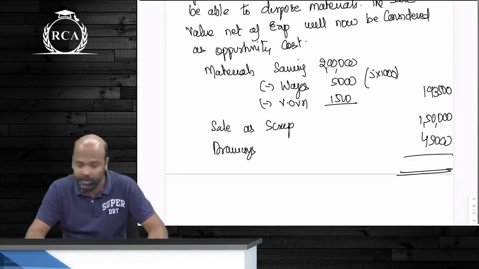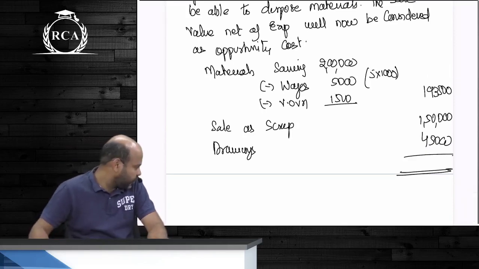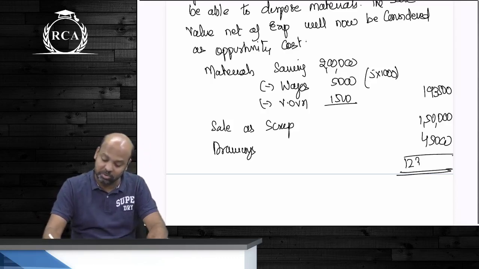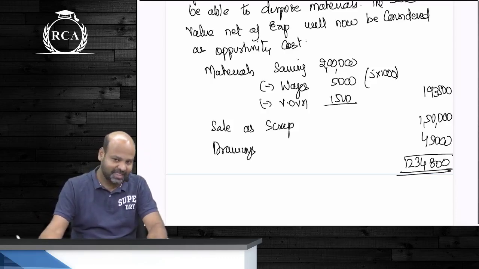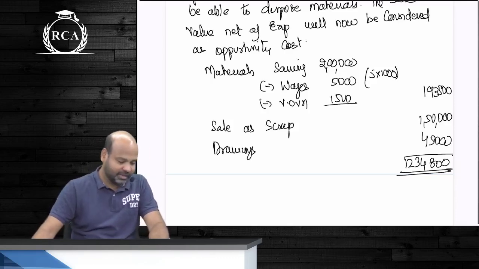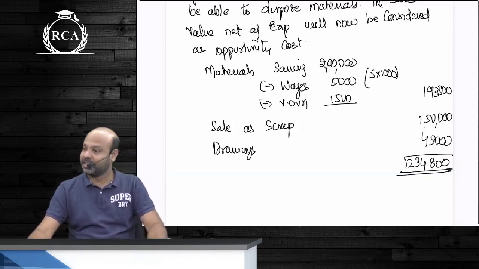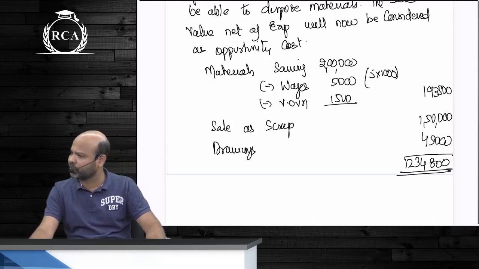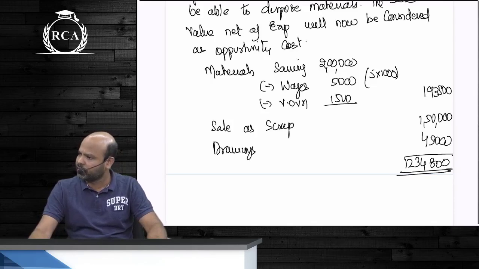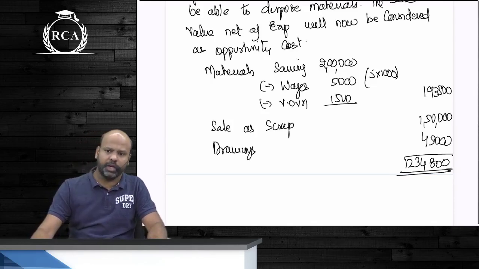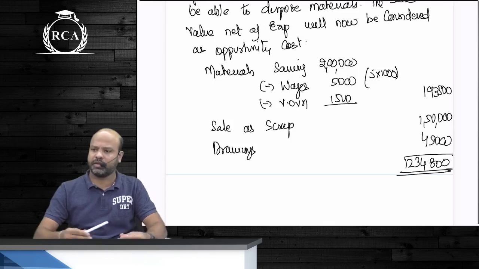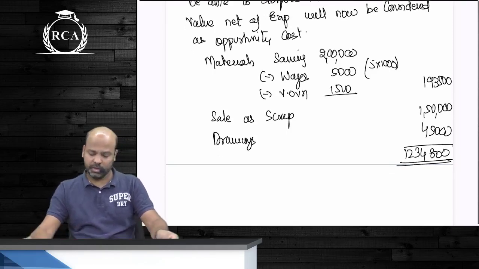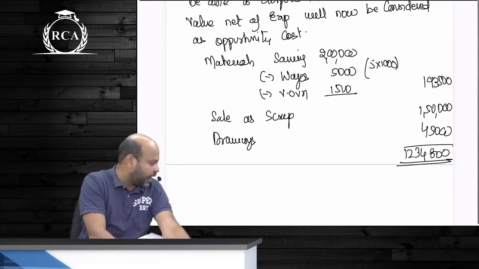Please tell me the amount, guys. Online student Nidhi says 12,34,800. This will be the minimum price to be charged. Perhaps you did not take 35,000, you missed one. Is that correct? 12,34,800, guys. This will be the minimum price to be charged. All right, the end of this question, guys.